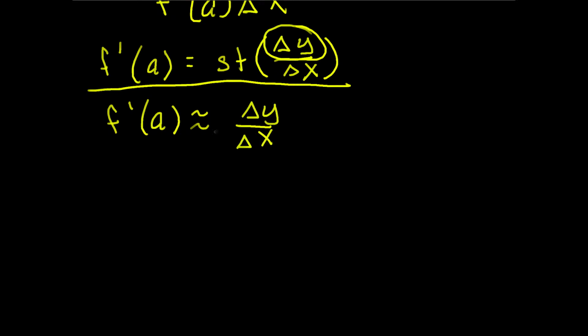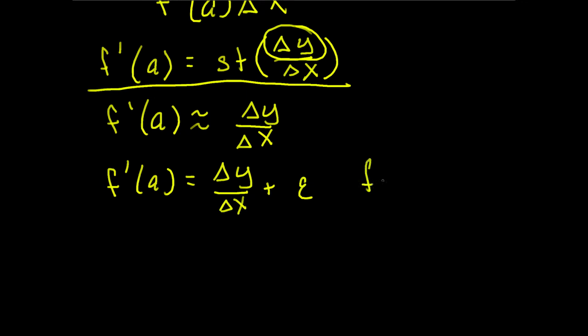But what does it mean to be infinitely close? It means that their difference is an infinitesimal. So that means that f prime of a is equal to delta y over delta x plus some infinitesimal epsilon.